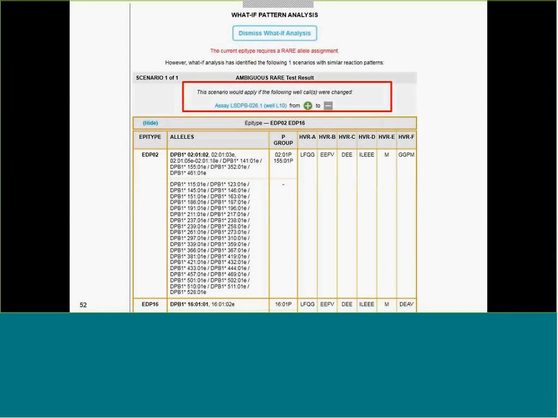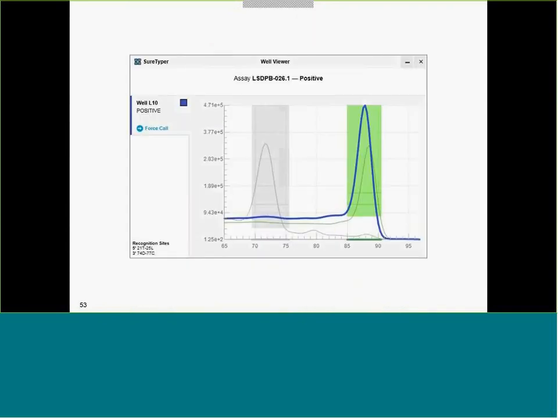The first thing that you should do is see which well needs to be changed from what it was called to whatever it's going to have to be called in order to make this the appropriate result. In this particular case, it was well L10. We look at the data, and well L10 would have to be called negative in order for that previous reaction to be true.